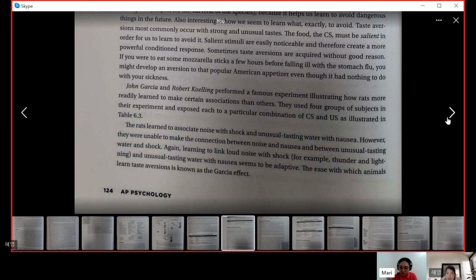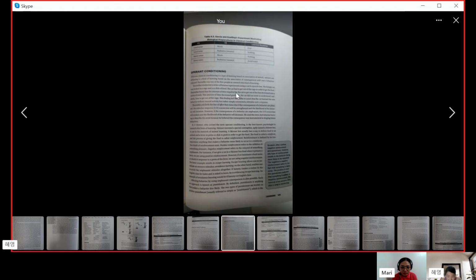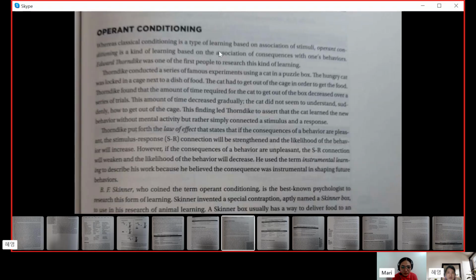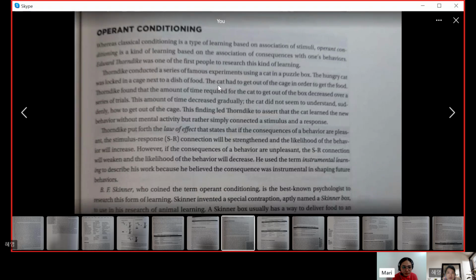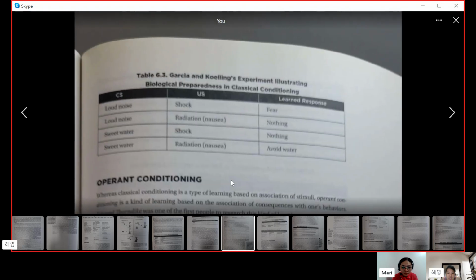So now let's look at table 6.3. Like this. So these are the CS, conditional stimulus, the unconditional stimulus, and the learned response.